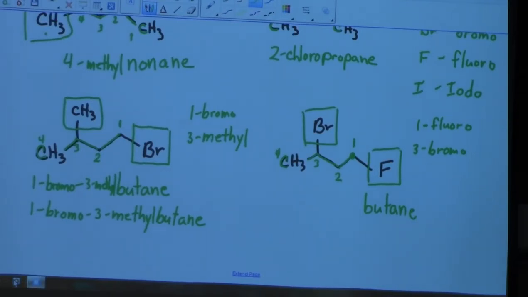Because alphabetical order rules the order of the substituents that we name, this becomes 3-bromo-1-fluoro.